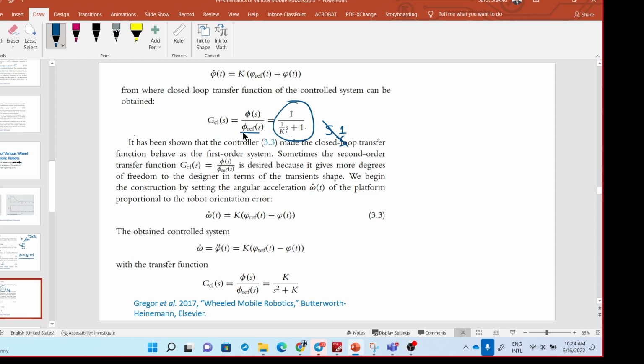Well, let's say we may want more features of the response, not in the first order manner, but second order manner, because second order can allow some overshoot, maybe be faster, and we can get a certain settling time, something like that.